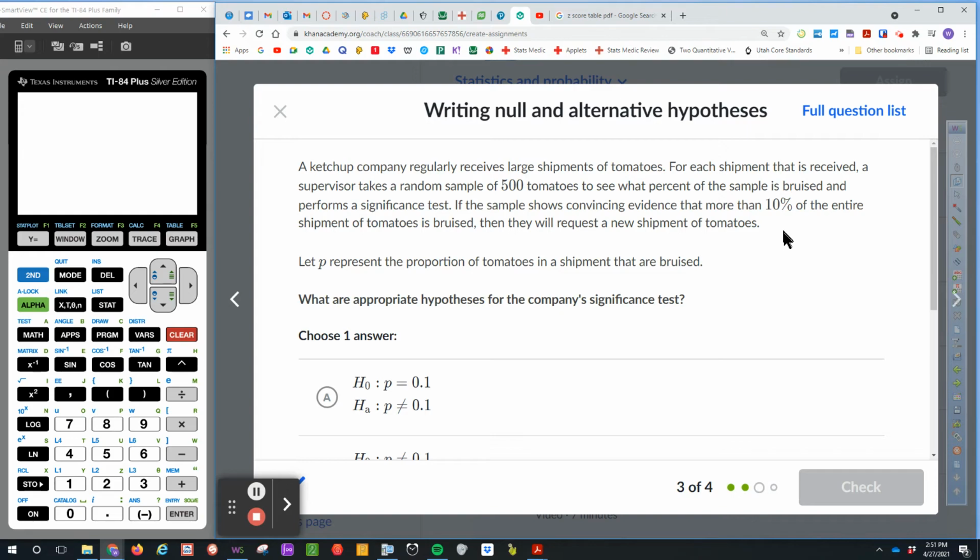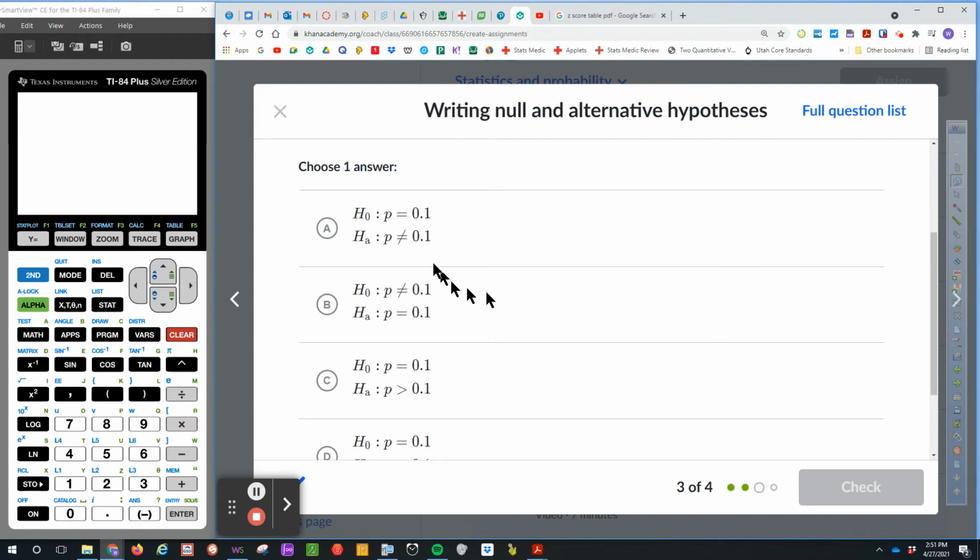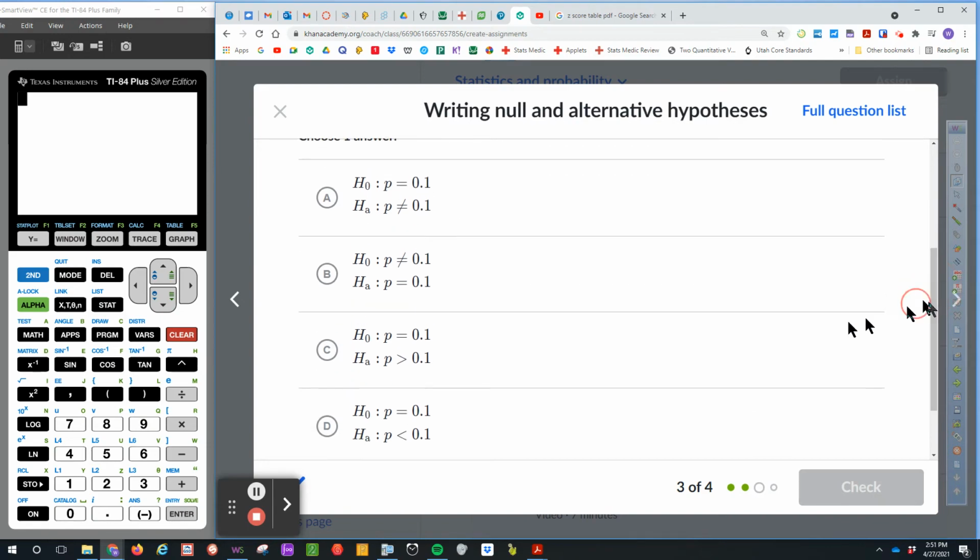What happens if it's more? That's your alternate hypothesis. By the way, your null is always equal to. Your null cannot ever have more than, less than, or not equal to. So B is out. So it's either A, C, or D.